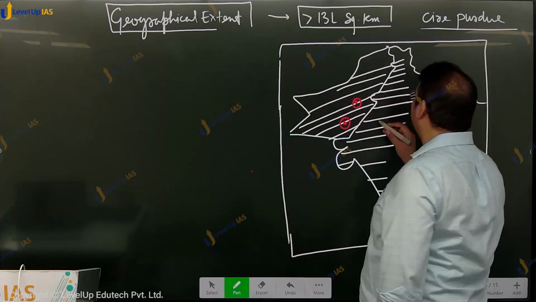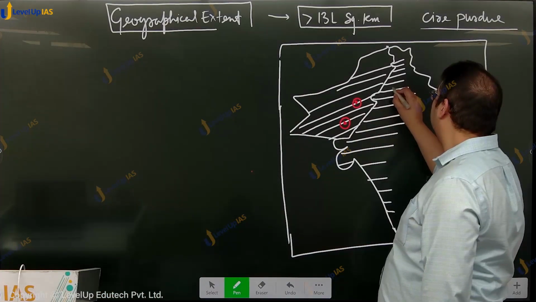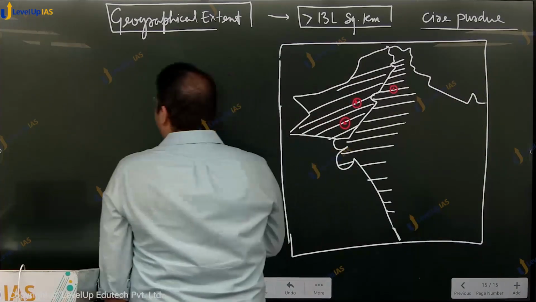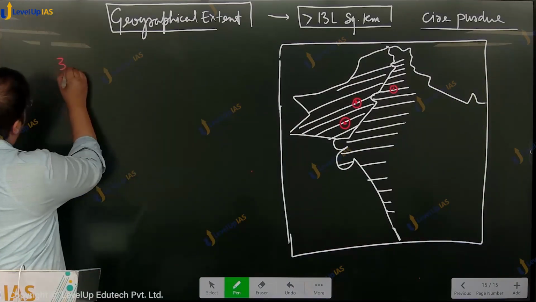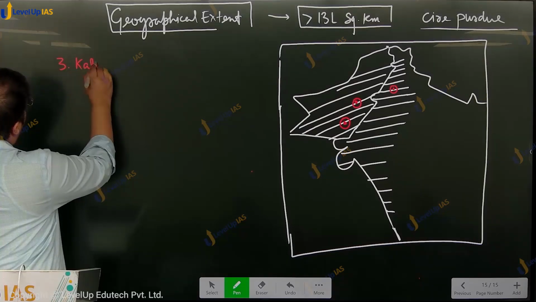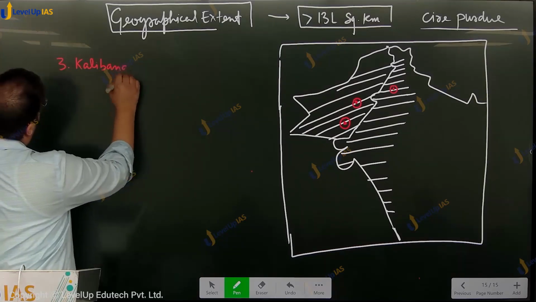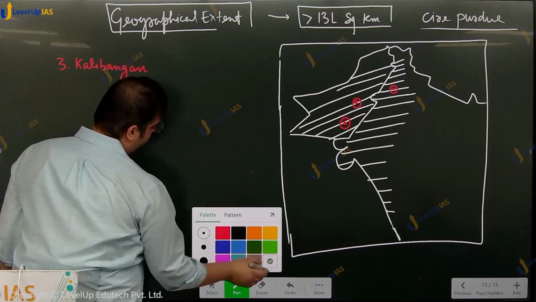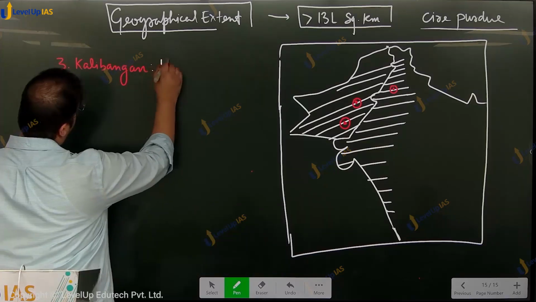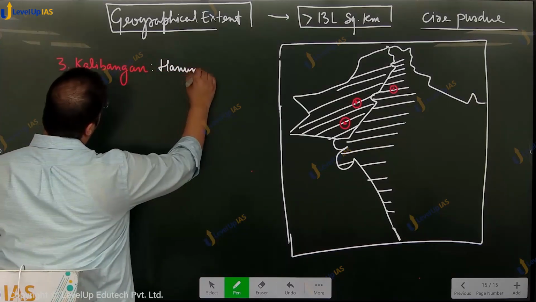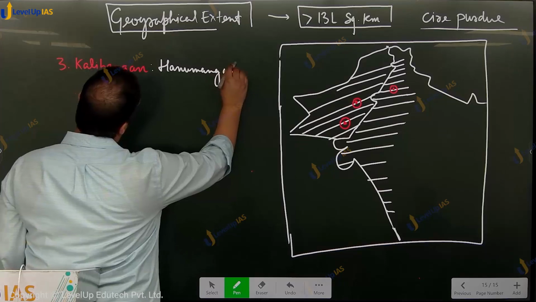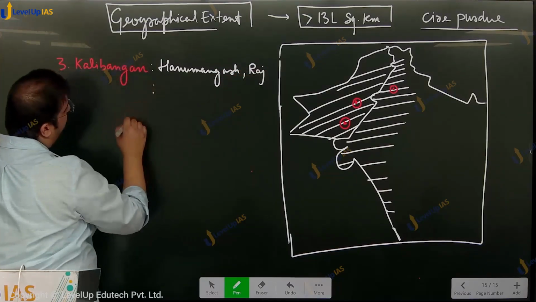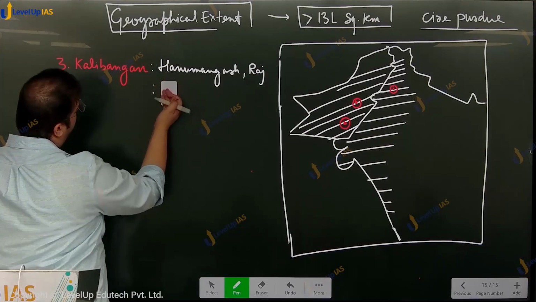In the Hanumangarh district of Rajasthan, North Rajasthan में है. On the banks of the river Ghaggar.